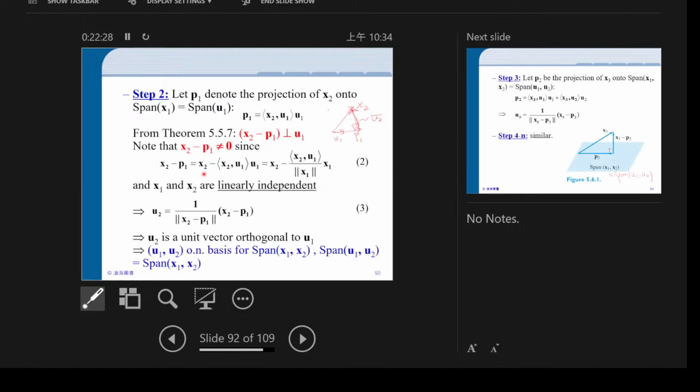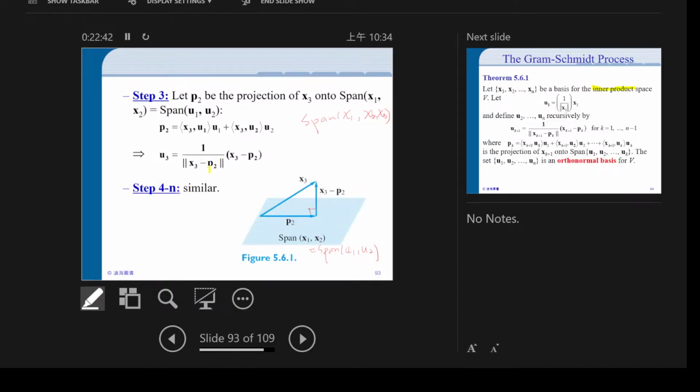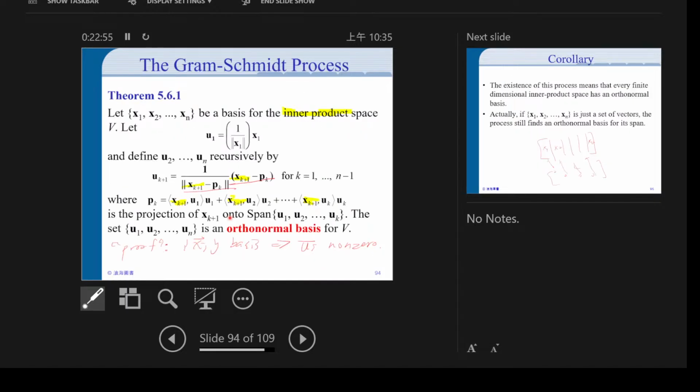So this linear independence makes sure that u2 will exist, and also x3 being linearly independent from x1 and x2 makes sure that u3 will exist, etc. Okay, so that's the Gram-Schmidt process.